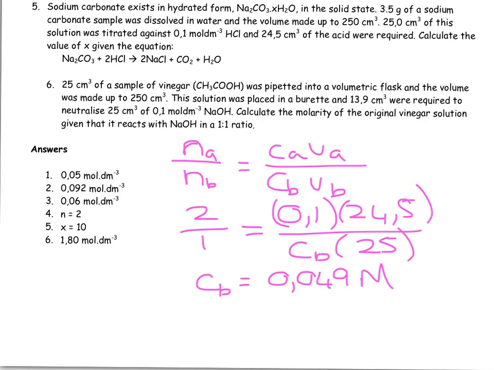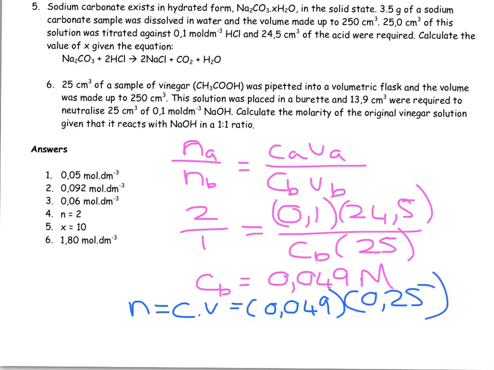You're now going to say, I know the concentration and I know the volume, so I can work out from there how many moles I've got. So I'm going to say number of moles is equal to concentration times volume, 0,049 multiplied, and in this case I must change that 250 into 0,25 because I need to be compatible with the unit moles per cubic decimeter.